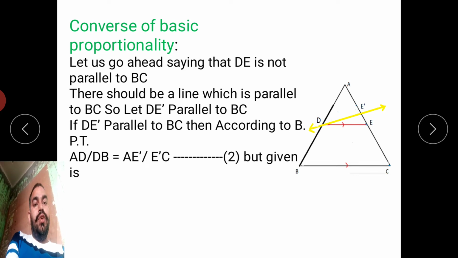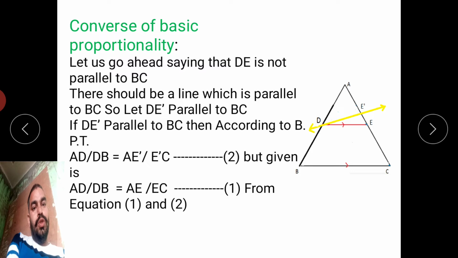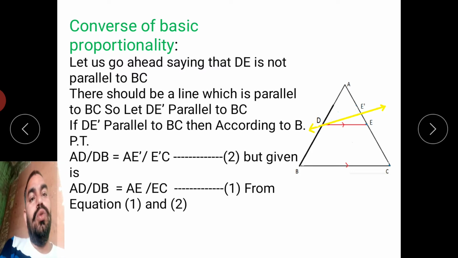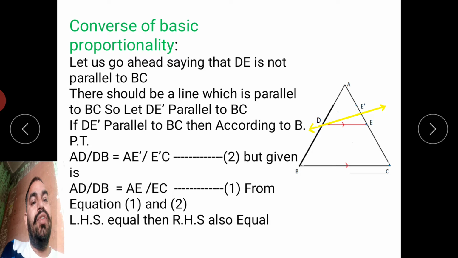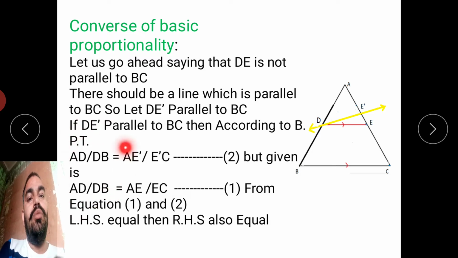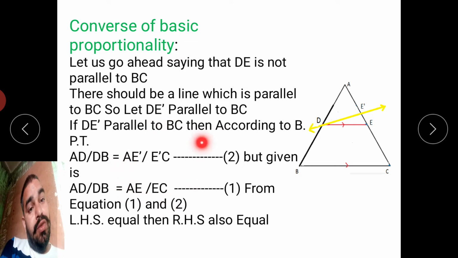It means AD upon DB equals AE dash upon E dash C. This is equation number 2. But given is that AD upon DB equals AE upon EC, that is equation number 1. From equations 1 and 2, the left hand side is equal. If AD upon DB is equal in both, then the right hand side must be equal.